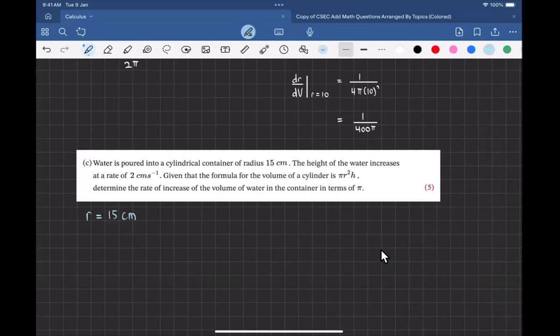And they're saying the height of the water increases at a rate of 2 centimeters per second. So that'll be dH over dt, and that'll be equal to 2 centimeters per second. So they gave us that as a fact. And they're also giving us the formula for volume.